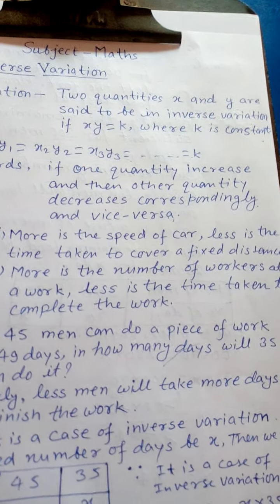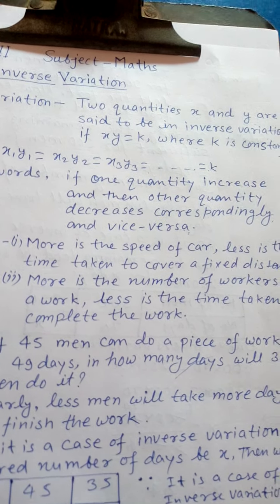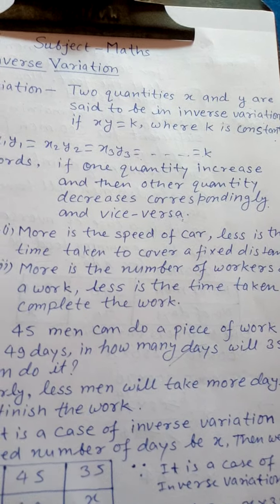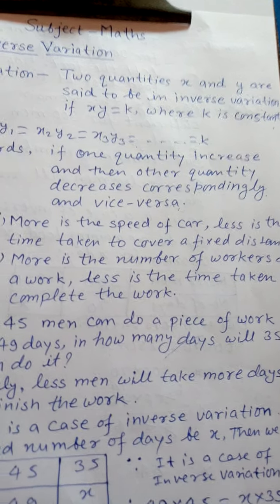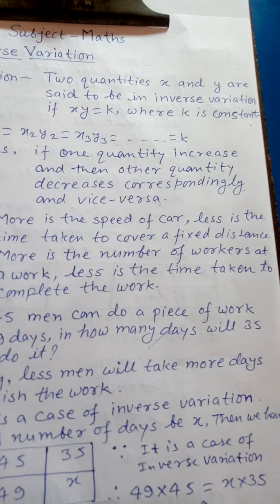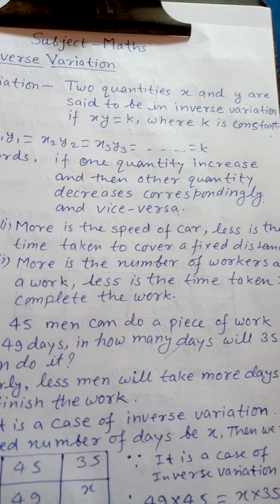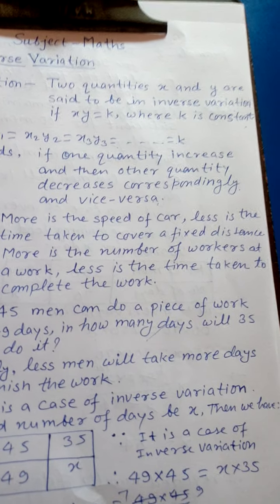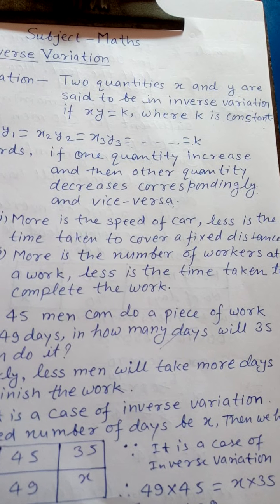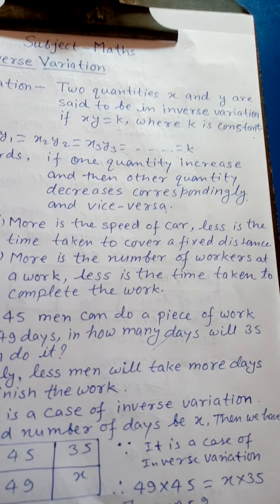If the speed of car is less, then the time taken to cover a fixed distance is more. In the second example, the number of workers is increased, then time taken to complete the work is less. And vice versa: if the number of workers is less, then the time taken is more.